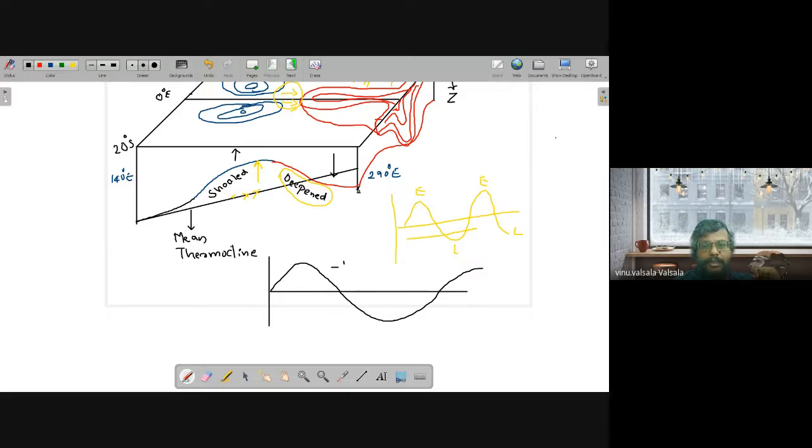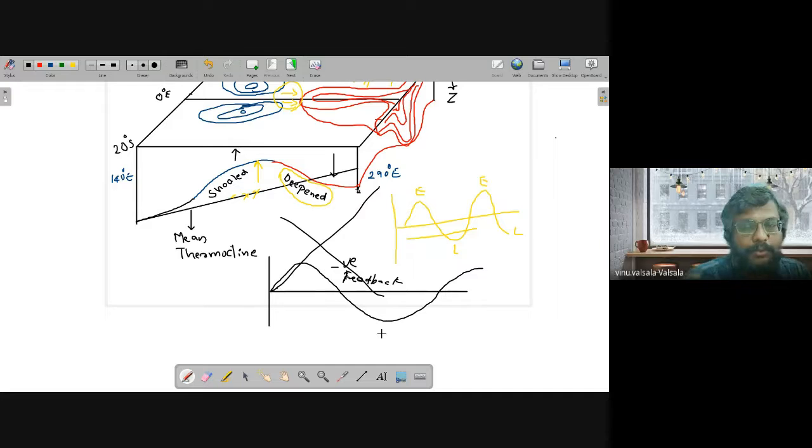So this is a typical example of a negative feedback process, because that only gives you a consistent oscillatory nature. With positive feedback, it either grows or decays. That's what it does. But therefore El Nino is eventually a negative feedback, because it has an oscillation. There is a positive El Nino, after a few years a negative phase or La Nina, and again it comes to a positive El Nino. This is one way of describing it. That means it's a negative feedback mechanism.